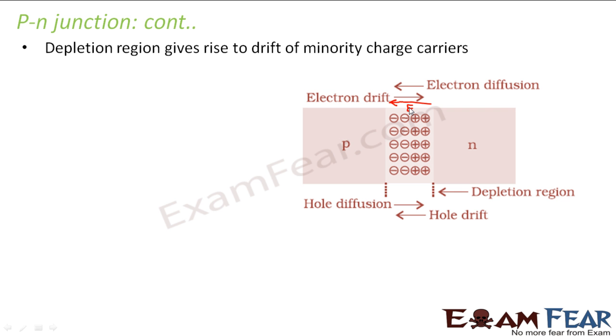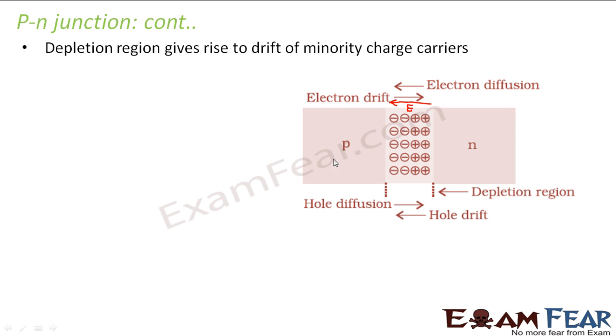For this depletion region, there will be an electric field established, right? And because of this electric field, it will give rise to drift of minority charge carriers. That means this will be the direction of electric field. Now what will happen?